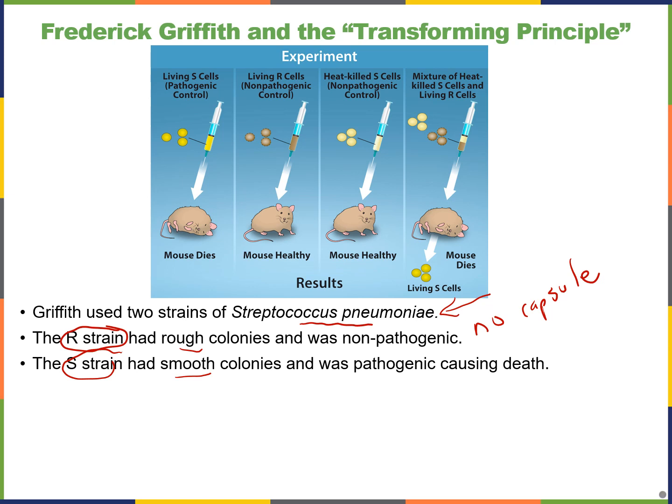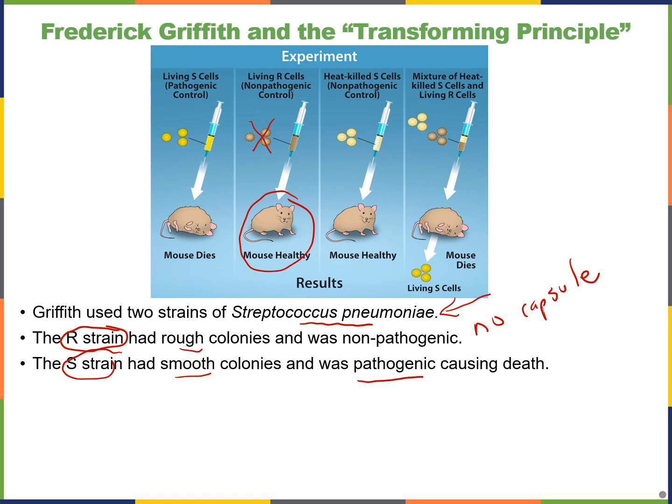If it is injected into something like a healthy mouse, it will not cause disease. The mouse will remain healthy because it is able to fight off these bacteria, these foreign cells, and nothing happens to the mice. But the smooth strain is pathogenic. It's disease causing.